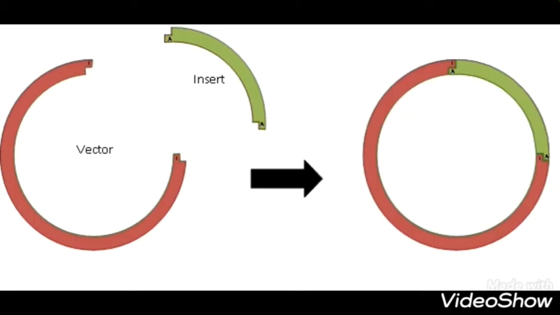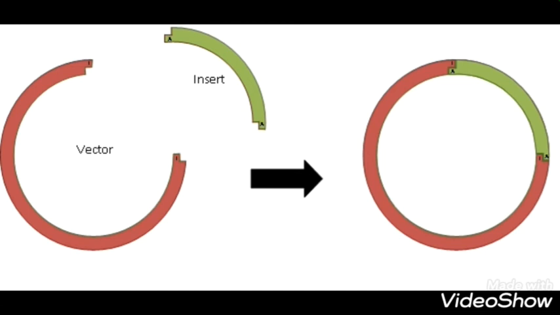So DNA ligase enzymes are used for Okazaki fragment attachment and in rDNA technology; the enzyme ligase joins the sticky ends of the fragments. In that diagram there is a vector and the gene of interest. With the help of the ligase enzyme, a ring-like structure is formed after the ligation.